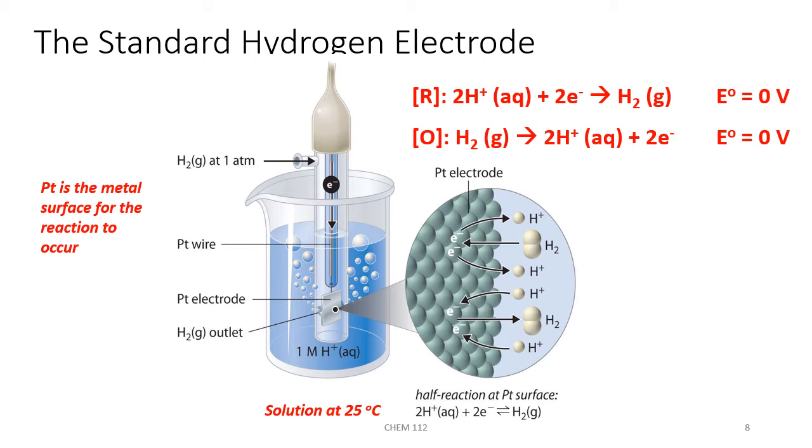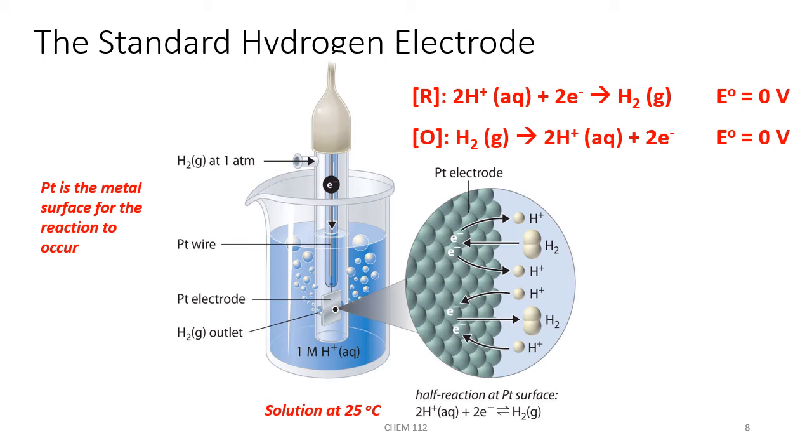So let's take a look at the standard hydrogen electrode. It's an inert platinum electrode that is in contact with hydrogen gas, specifically at 1 atmosphere pressure, and it's also in contact with aqueous hydrogen ions in solution, specifically at 1 molar, because it's standard state conditions. So 1 atm of pressure, 1 molar solutions.